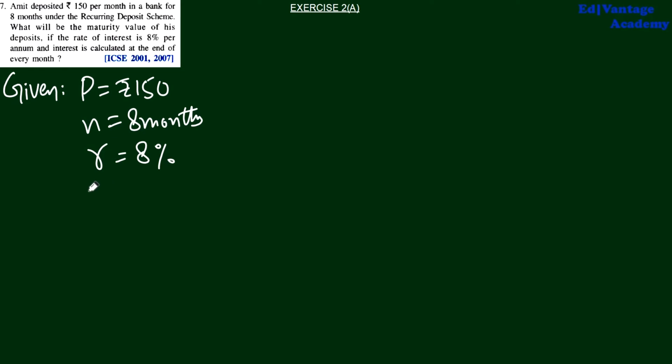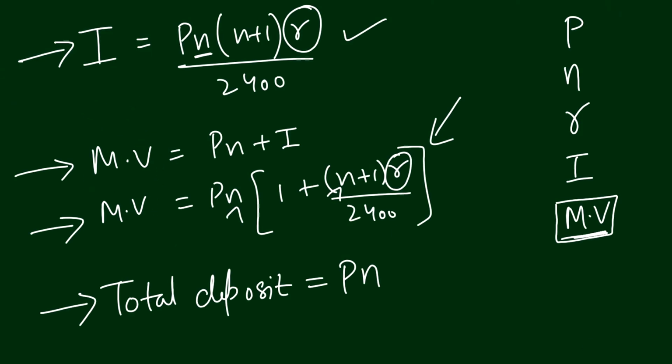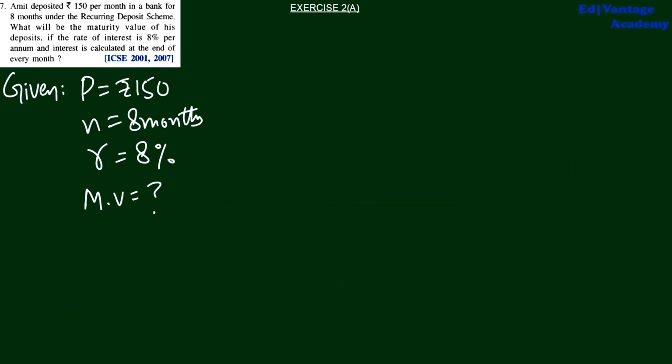So it just means we find the maturity value. You know how to solve this. You have P, N and R, you have to find MV, so you can use the required formula. Try this question on your own. The answer will come 1236. The method is everything same. Moving to the next question.